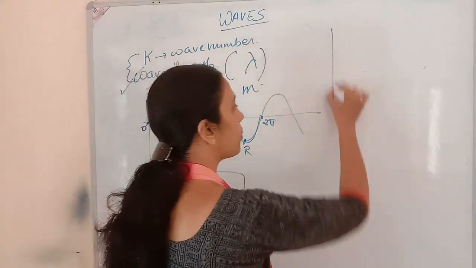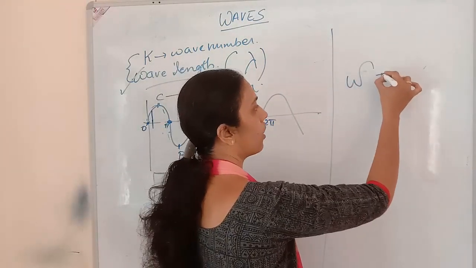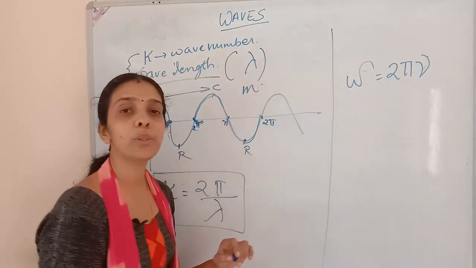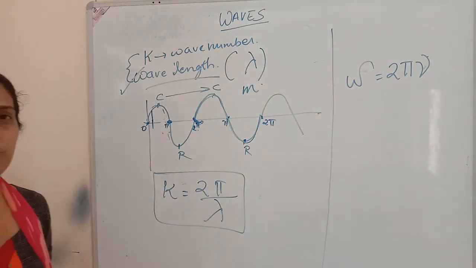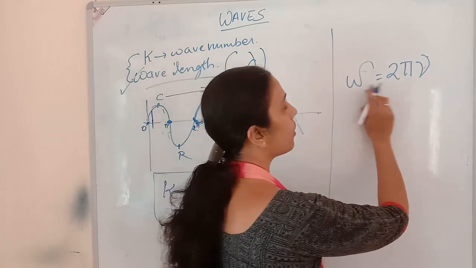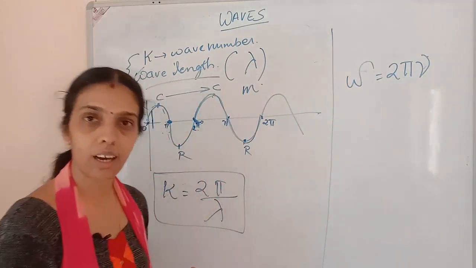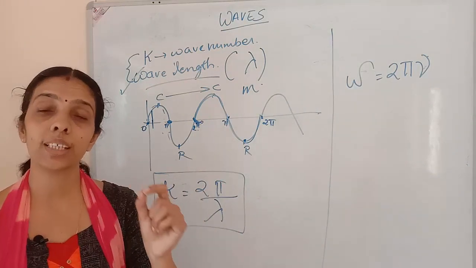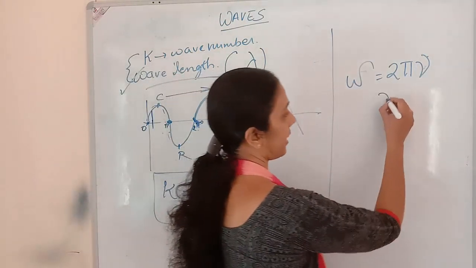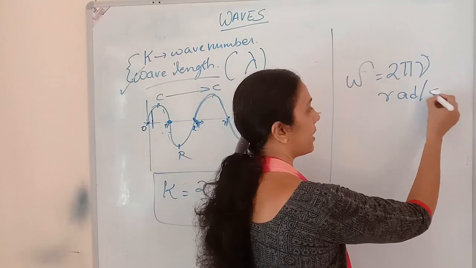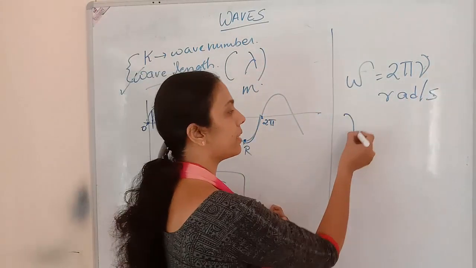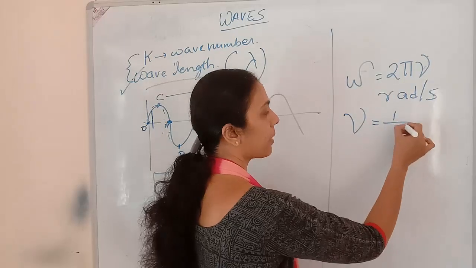Next is angular frequency omega. Omega equals 2 pi into nu, where nu is the frequency. Omega is the angular frequency, unit is radians per second. And frequency and time period: nu equals 1 by t.